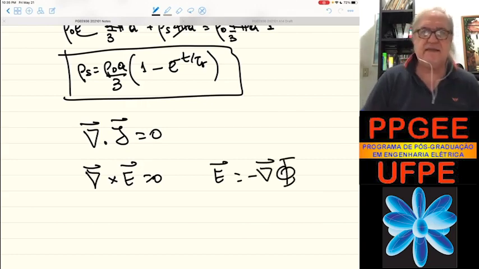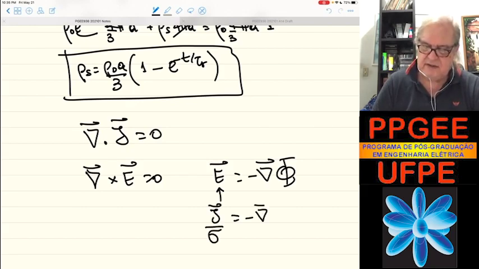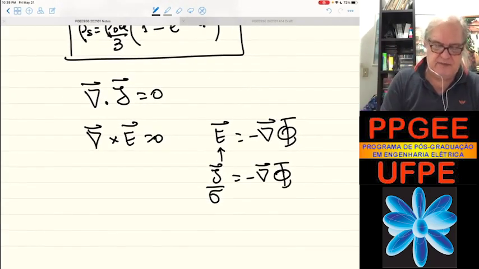But you have to write this equation in terms of J. Because E equals J over sigma, J divided by sigma equals minus gradient of phi. So if you find the potential, you obtain J directly in the form minus sigma gradient of phi.